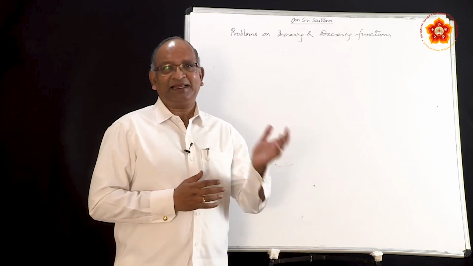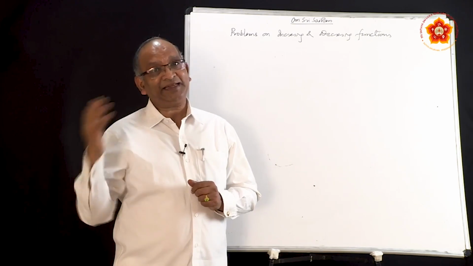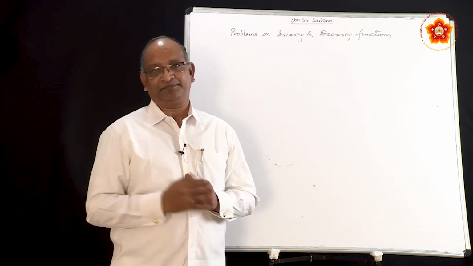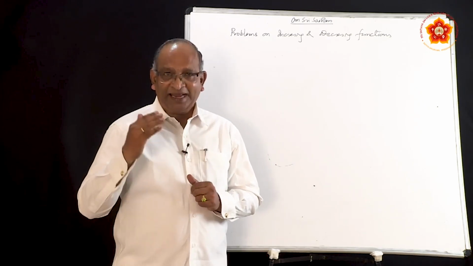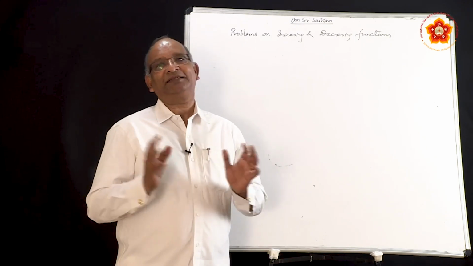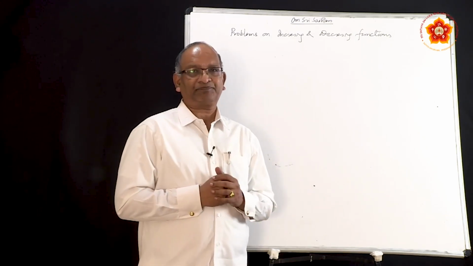If x1 is less than x2, but f of x1 is greater than or equal to f of x2, we say function is decreasing. Whereas if f of x1 is greater than f of x2, function is strictly decreasing. This was the first definition.